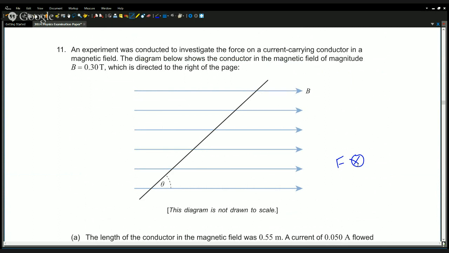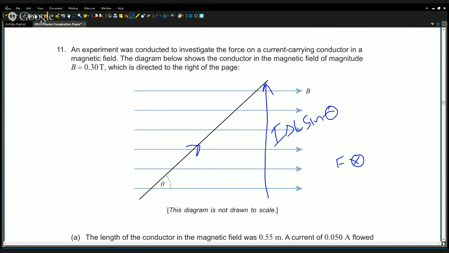That implies the current flows this way, because there's a component that's perpendicular, the I delta L. Let's draw it from here, because that's where the angle is. So that's the I delta L sine theta.